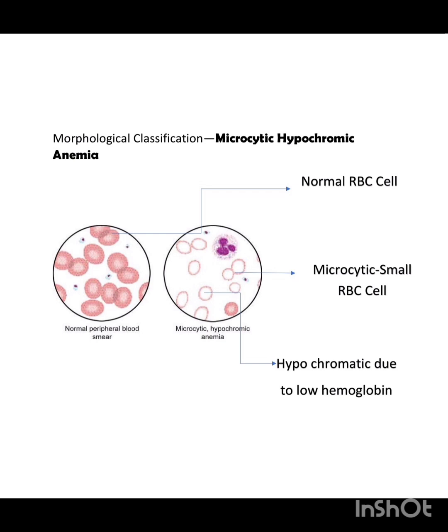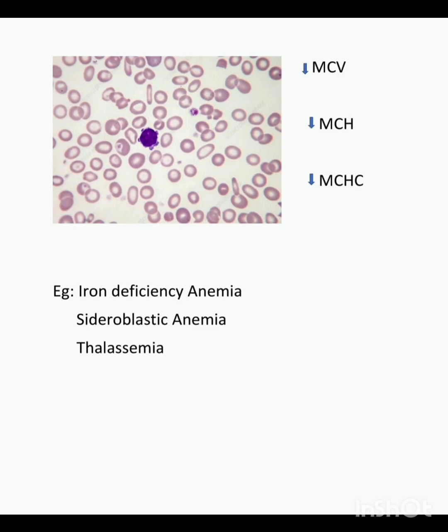First, let's discuss the microcytic hypochromic anemia. In microcytic hypochromic anemia, the RBCs are smaller than normal and paler in color due to decreased hemoglobin content.